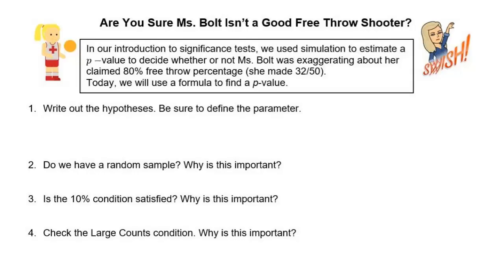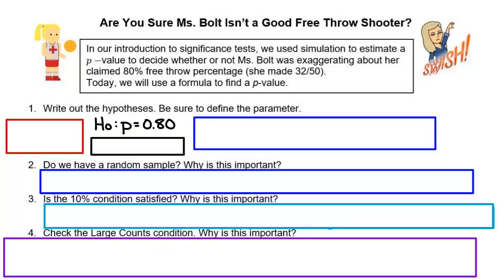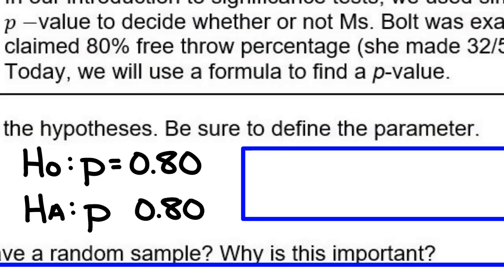I'm going to go with less than on this one because based on the p-hat that we have, 32 out of 50, that's a lot lower than I would expect if the p-value was really 0.80. I don't have any kind of counter argument to say it's way over. Most of the time we're going to be looking at greater than and less than. So the Ho is that p is 0.80. The Ha is that p is less than 0.80. I don't know why I wrote a greater than there. Less than. I'm finding mistakes all over the place today.